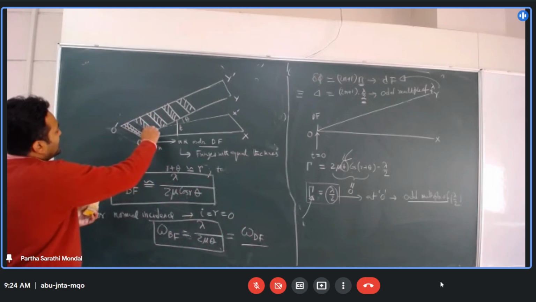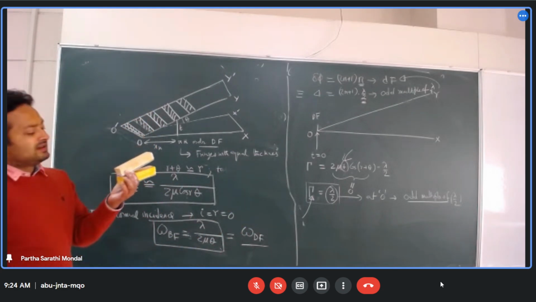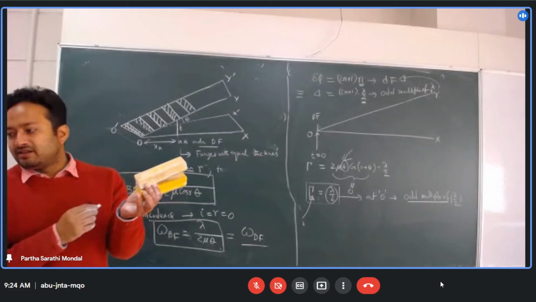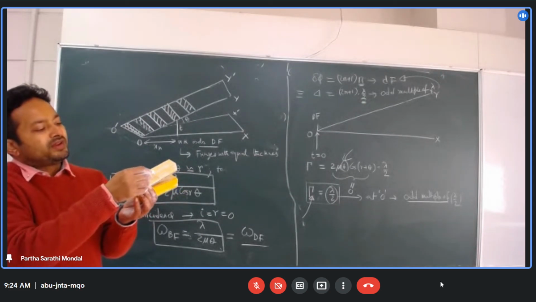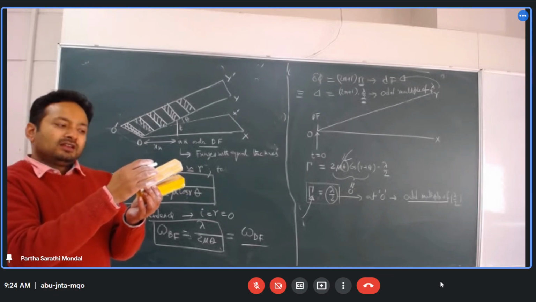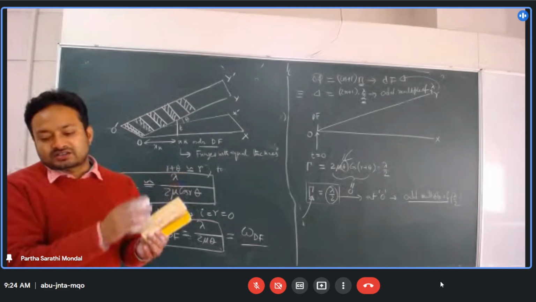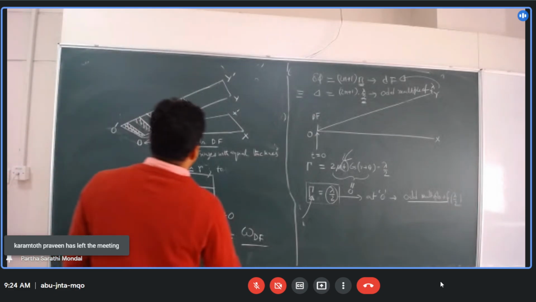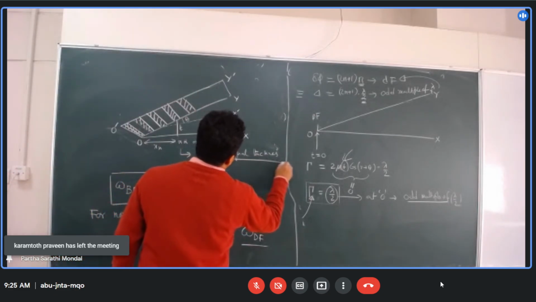Similarly, if I move from here to here, like this, that means you will always follow a particular constant thickness. So that's why the fringe pattern is governed by fringes with equal thickness.